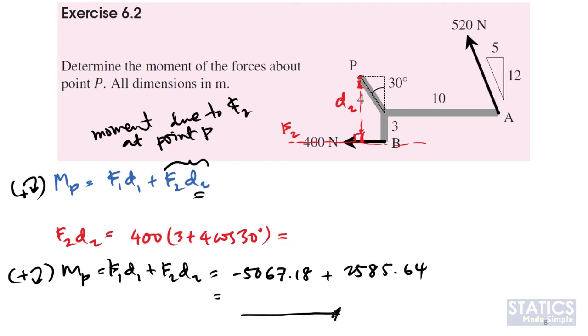So in the end, moment at point P will be equal to adding these two terms together. So basically, this is how we calculate the moment at point P due to the 520 Newton force and the 400 Newton force.